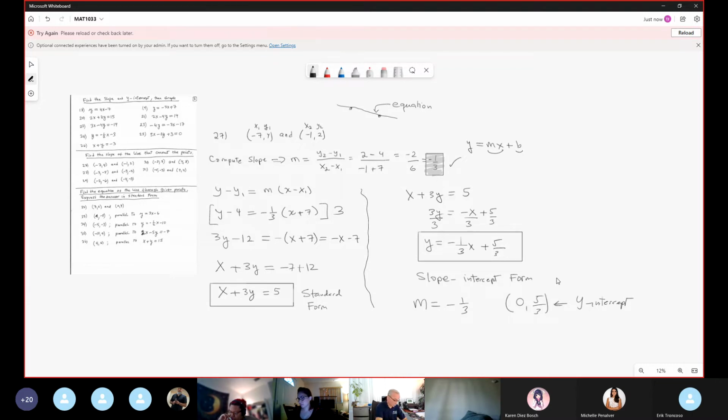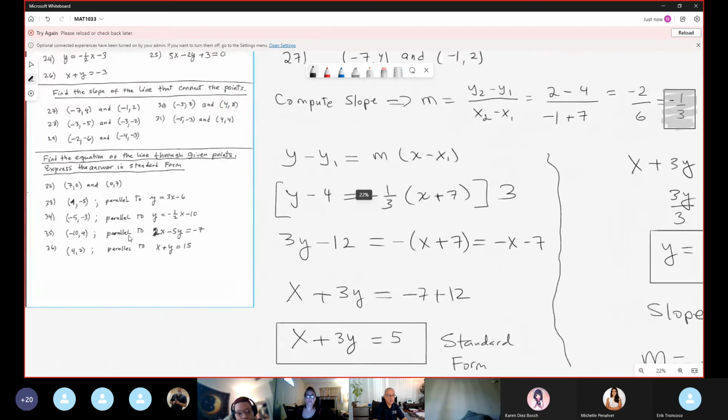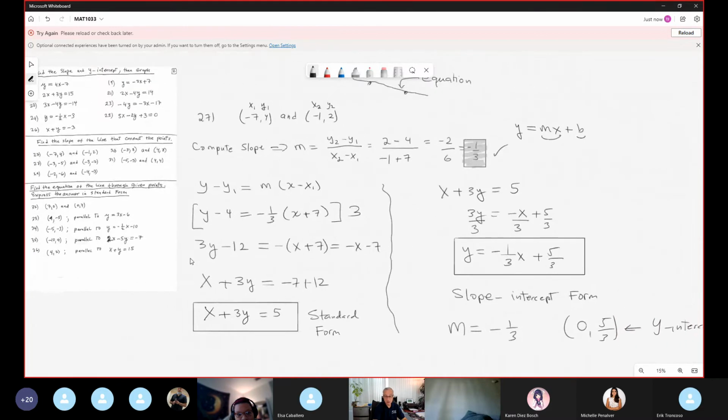Okay, let's move on. I suppose that you feel good with this kind of problem. The last case, parallel or perpendicular. This is parallel. I suppose another page is perpendicular. Let's do a proposal: you let me know if you want to continue in the same routine.